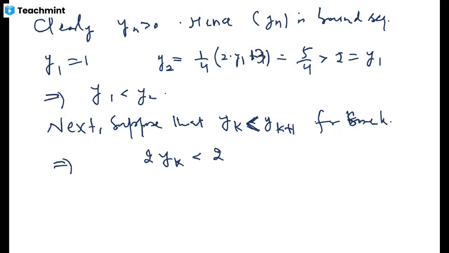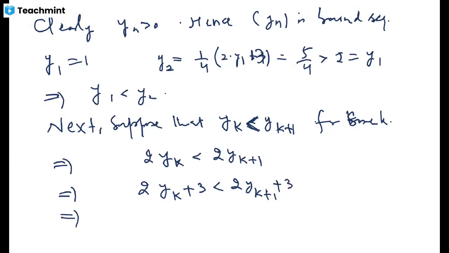It will not harm twice of this. If I add the same number to both sides, the inequality will remain intact. The order of the inequality will not change. I'm just adding 3 to both sides. And again, I'm multiplying by a positive number. Multiplication by a positive number doesn't change the order of the inequality.